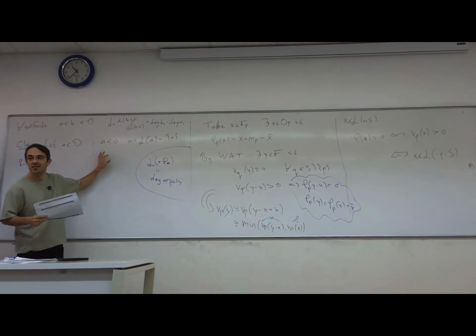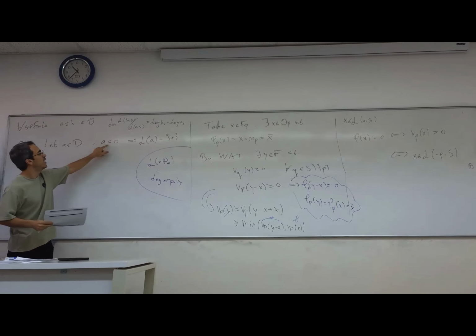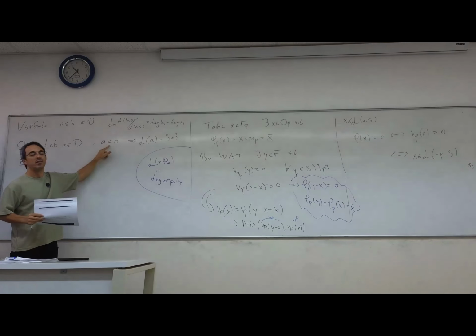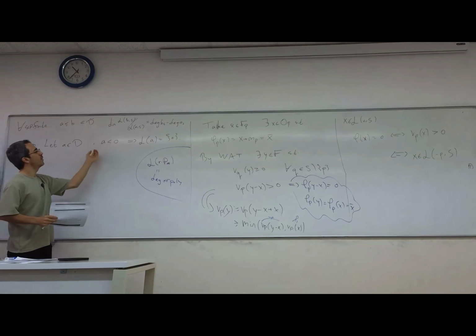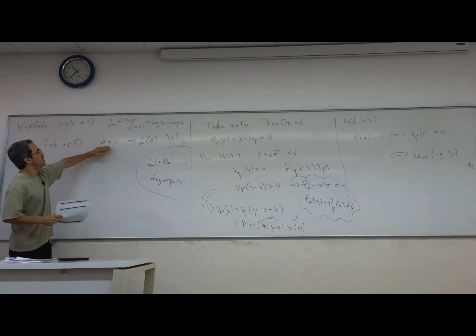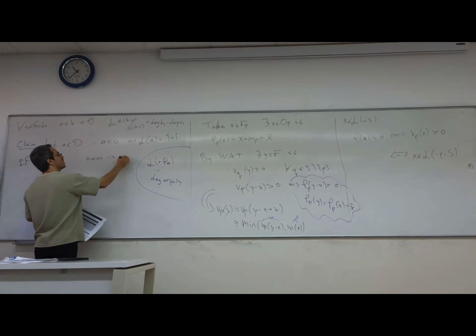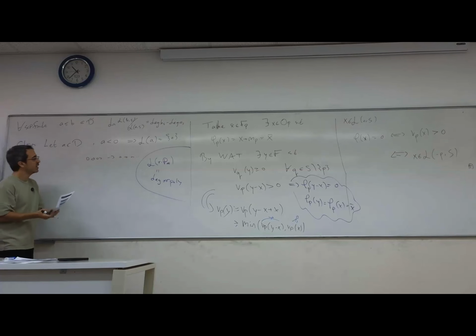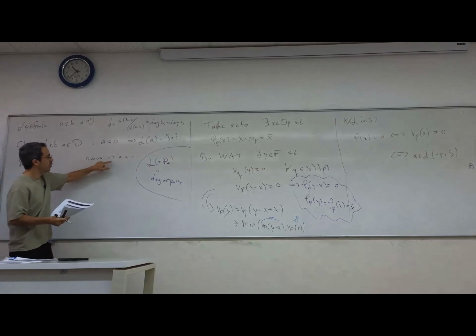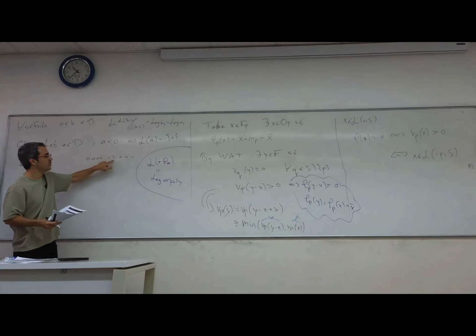A less than 0 means that at some places it could be, for example, A could be 0, 0, 0, and then a minus 3, and then 0, 0, 0. This is an example. So this means that you are not allowed to have poles, and you are required to have zeros.